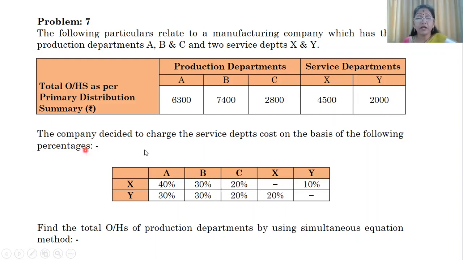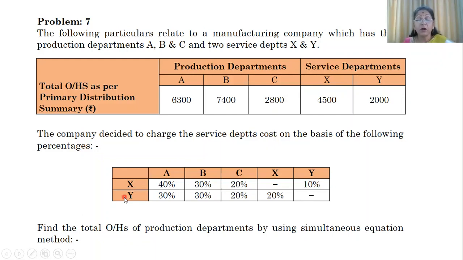The company decided to charge the service department cost, X 4,500 and Y 2,000, on the basis of the following percentages. X: A 40%, B 30%, C 20% and Y 10%.